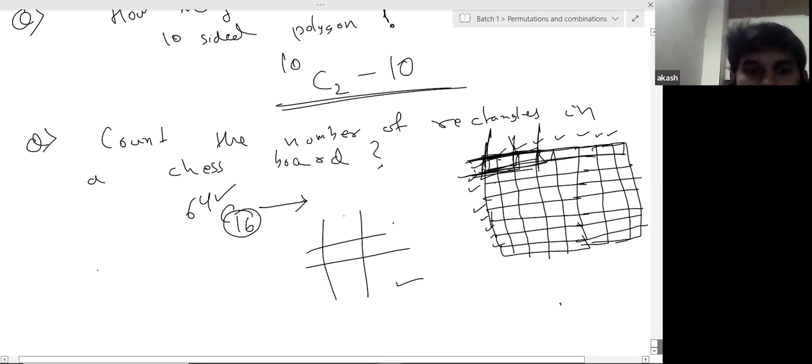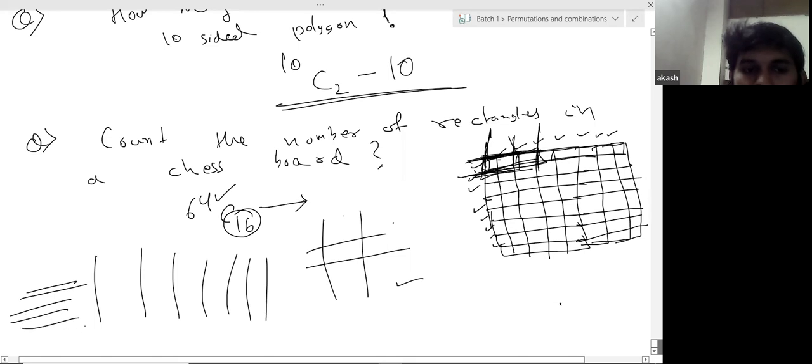So see, I can choose any two vertical lines and any two horizontal lines, and that will give me a rectangle, right?